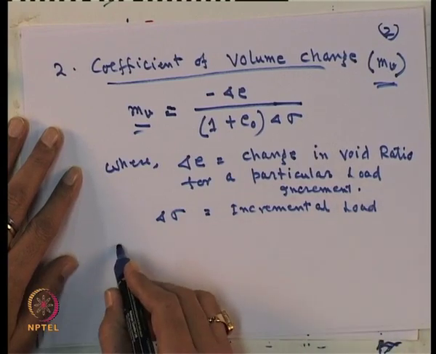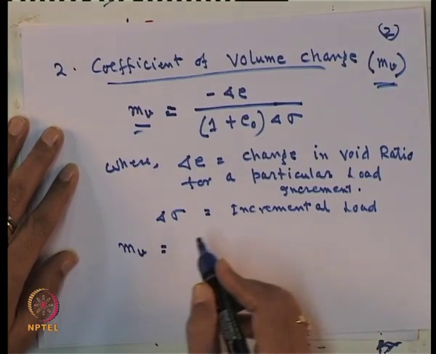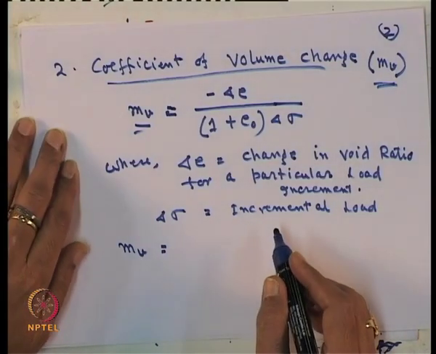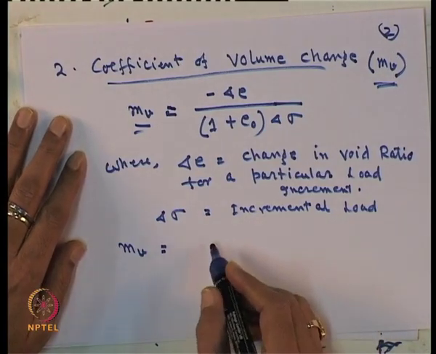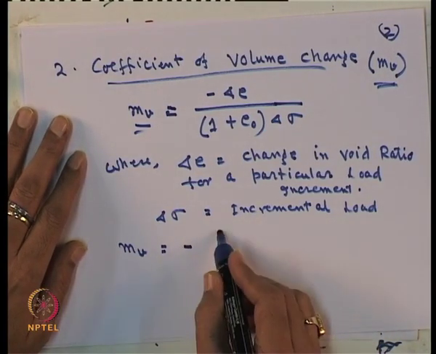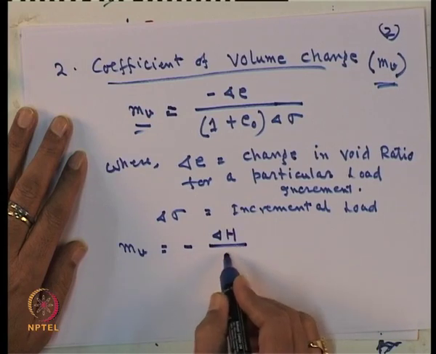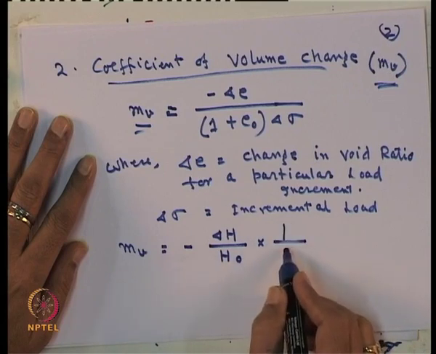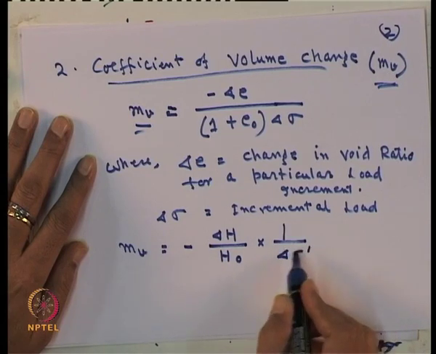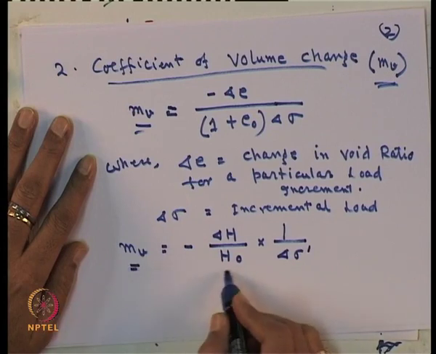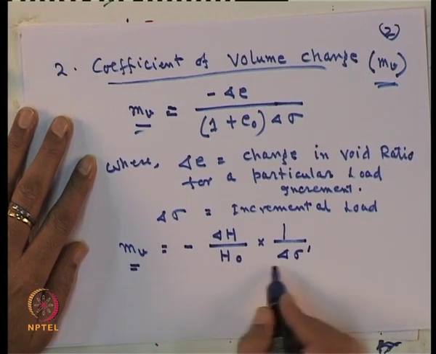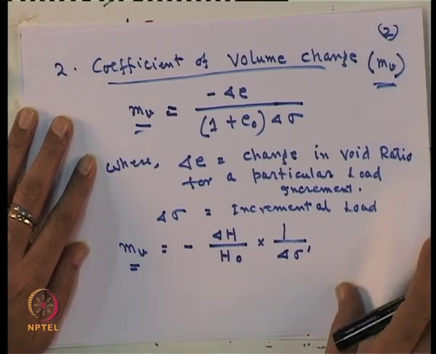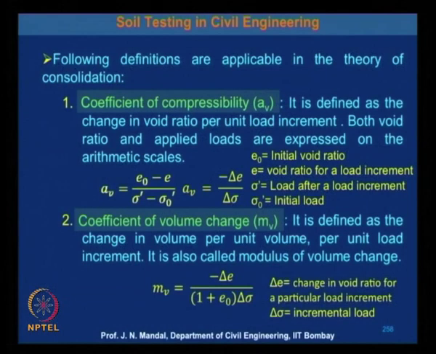So, therefore, this mv can also be expressed as delta H divided by H0 into 1 divided by delta sigma dash. So, this is the coefficient of volume compressibility.